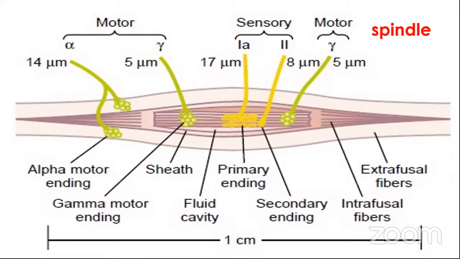They are 14 micrometers in diameter. Now, the gamma motor neurons have flower spray endings, whereas the primary endings, that is 1A afferent, have plate endings. That is about the innervation of the muscle spindle.